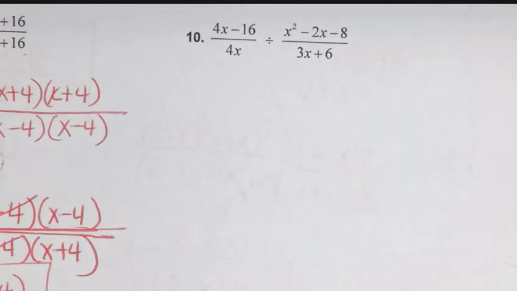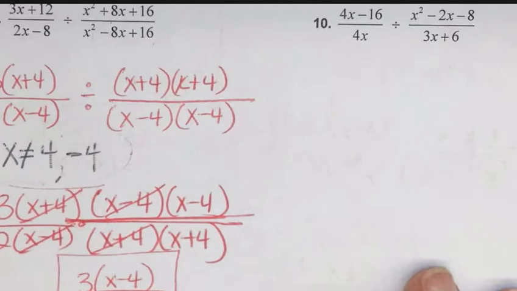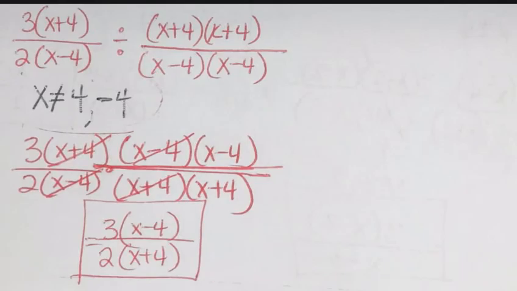So what was the final answer for 9? You have 3 restrictions, and there's a 3 in your answer.